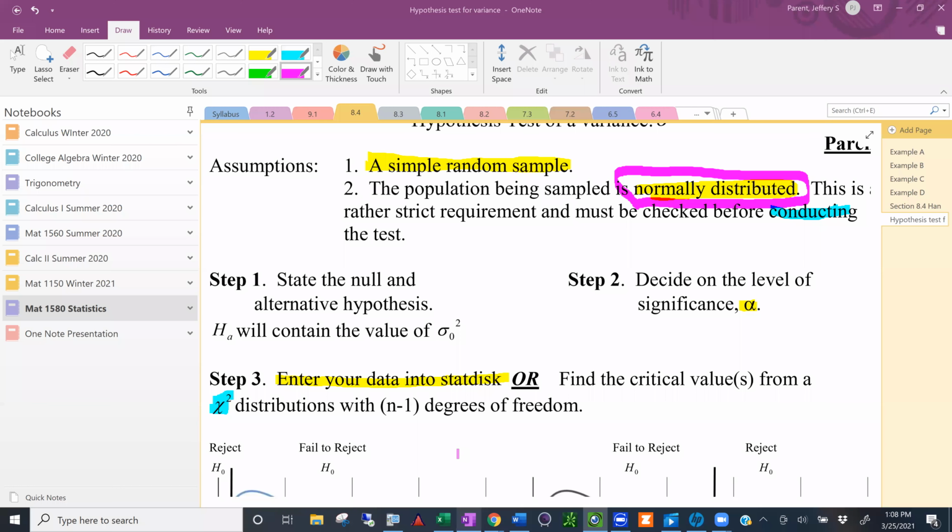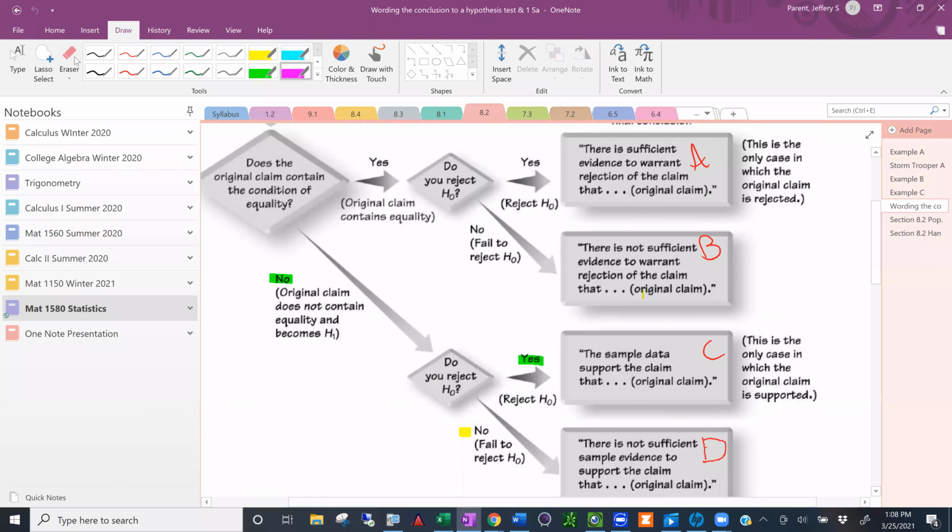Let's take that back to our step 6 from our handout on wording the hypothesis conclusion. Does the original claim contain the condition of equality? No. Did we reject? No again. So that brings us down to step D here.